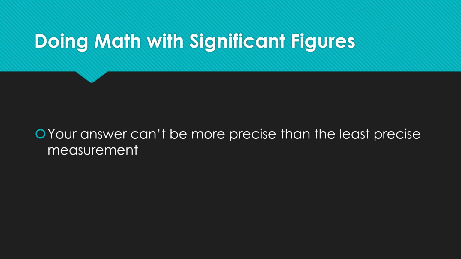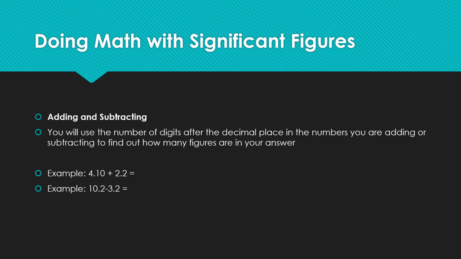So we're going to start with the rules for adding and subtracting, which have to do with significant figures, but it's not as much counting them as it is the numbers past the decimal place. So when you add and subtract numbers, you're going to use the number of digits after the decimal place in the numbers you are adding or subtracting. No matter what math we're doing, you're always going to first look at the numbers that you were starting with.